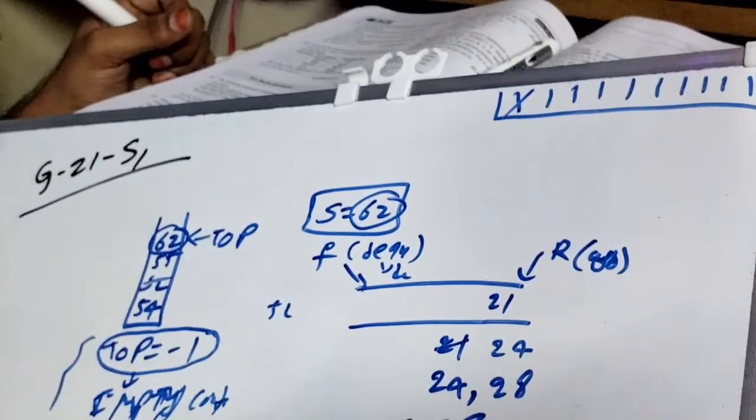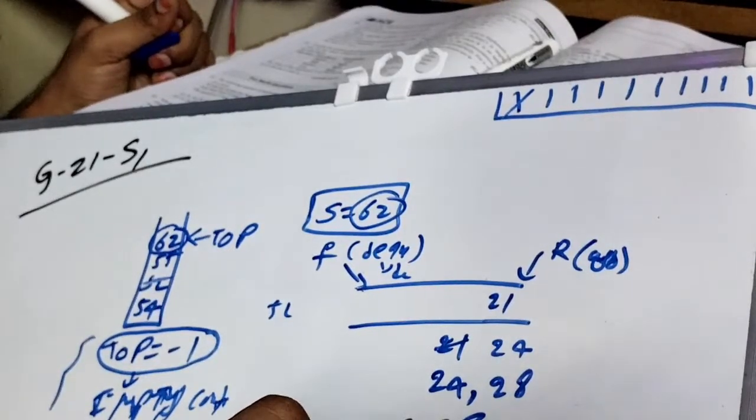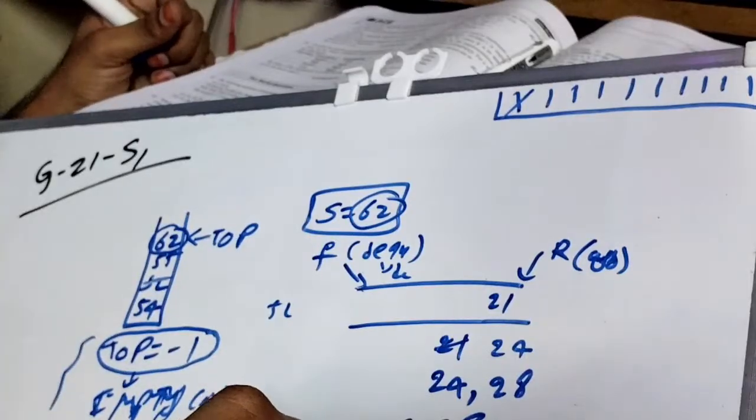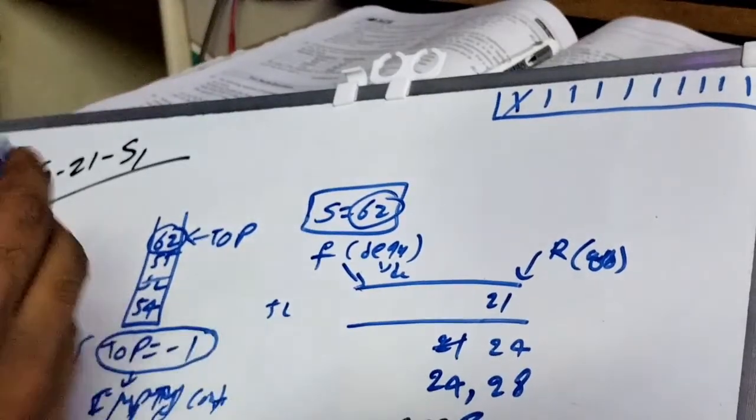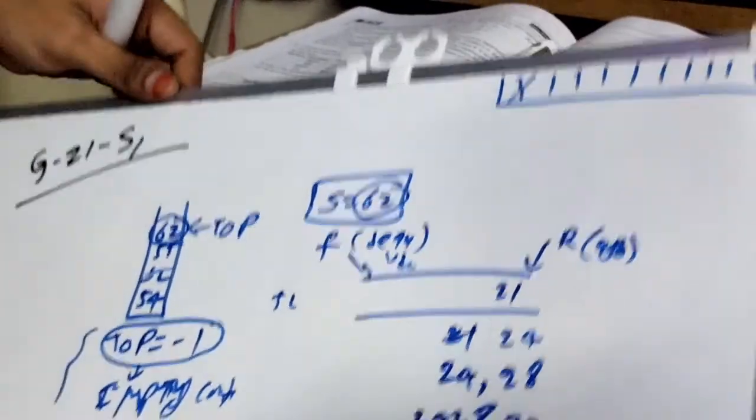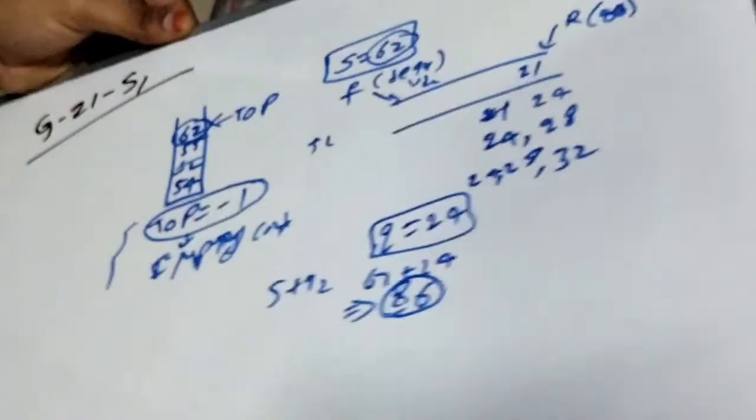So adding S plus Q becomes 62 plus 24, which is 86. So 86 will be the answer.